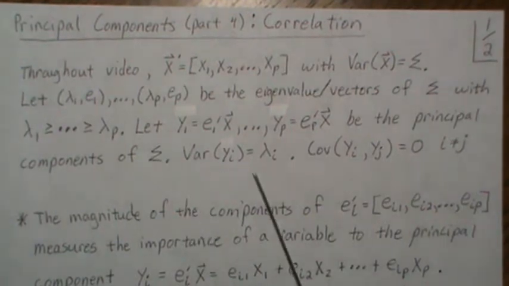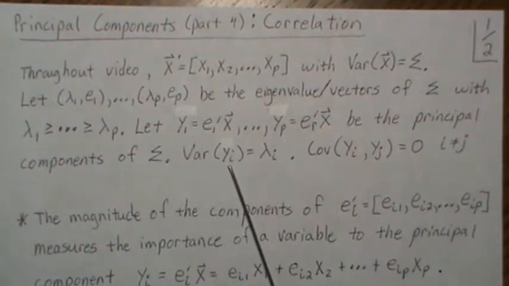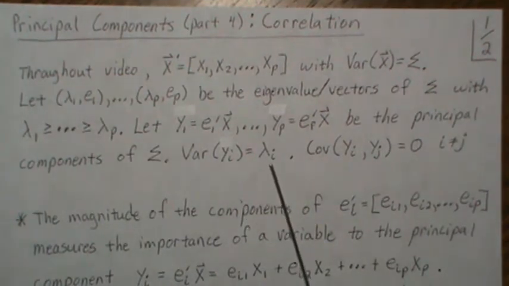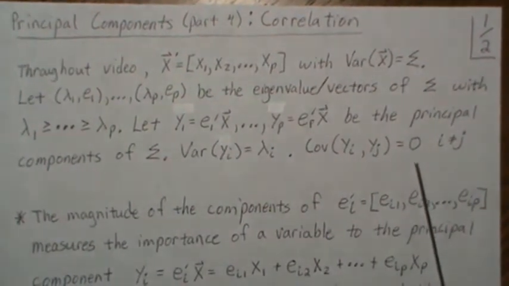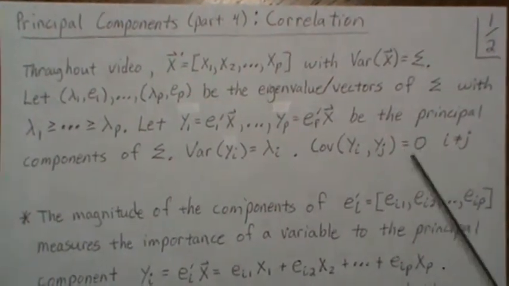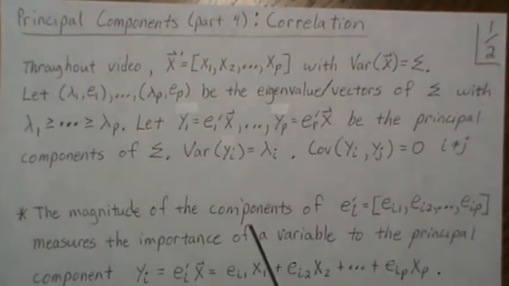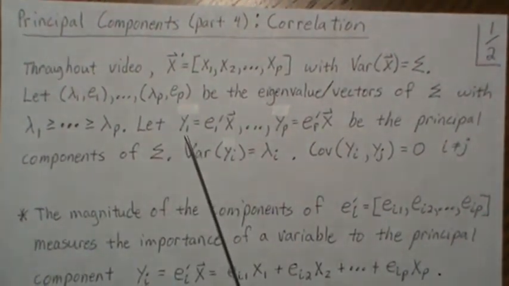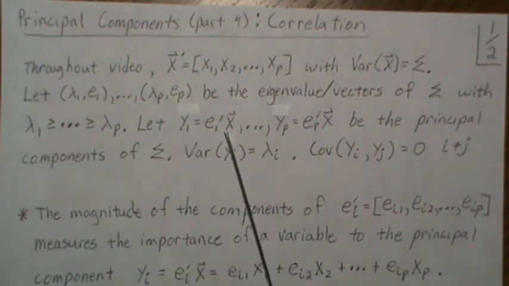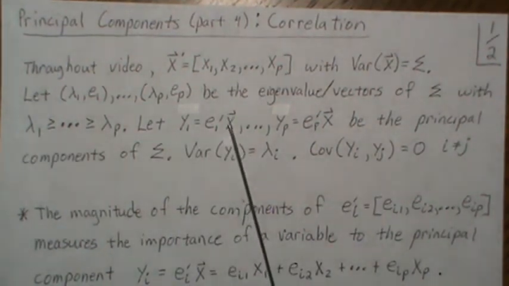So, in earlier videos, we showed that the variance of the principal components is just the lambda, or the eigenvalue, associated with it. The covariance between any two principal components is 0. So here, now the magnitude of the components. Notice that the first principal component is a linear combination of the x's.